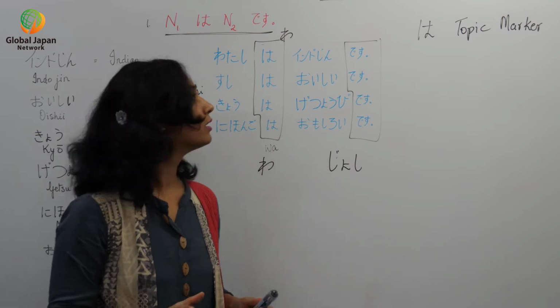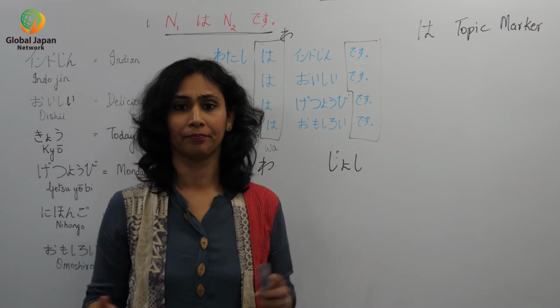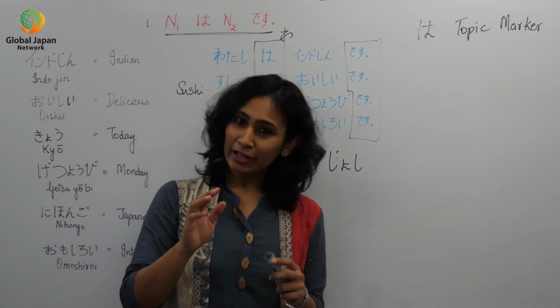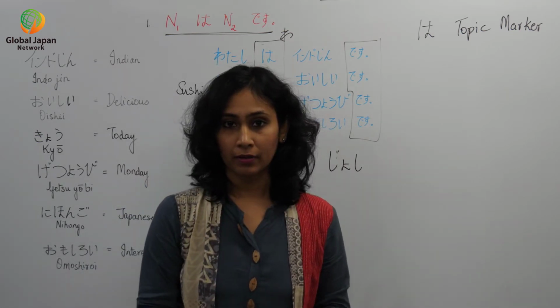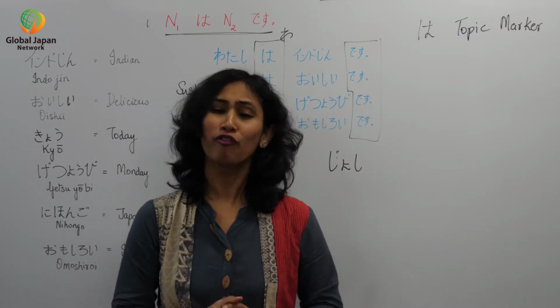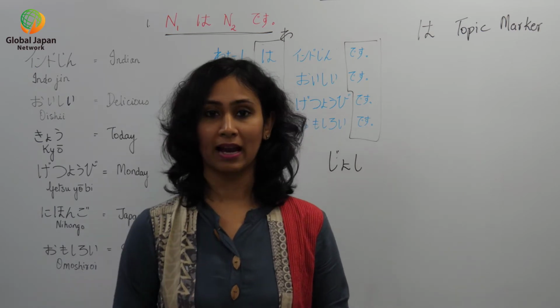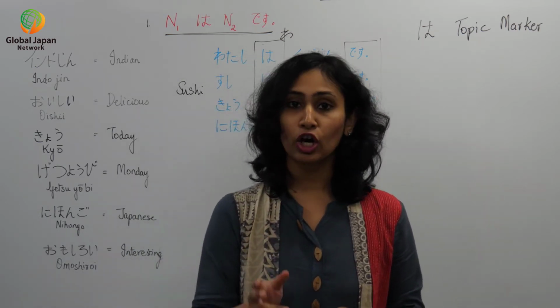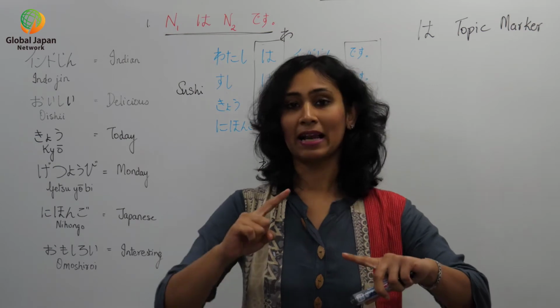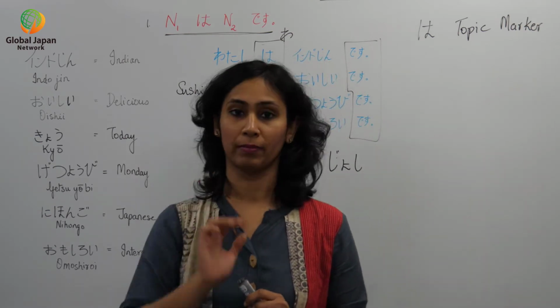What am I telling? Topic. Are topic and subject the same? It could be the same, but at times it need not be the same too. For now, as a preliminary understanding, take it that both topic and subject are the same. But I'll give you the meaning of topic.